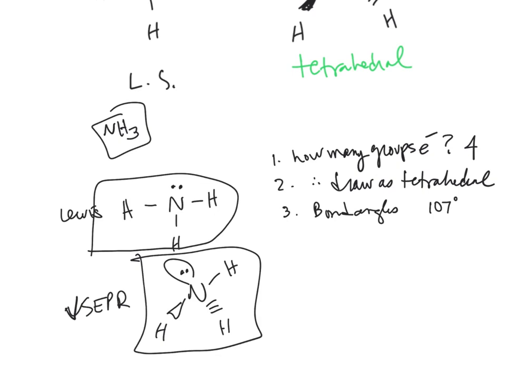So how does that work? You've got this lone pair that's pushing the bonds closer together, closing the angle. It's going from 109.5 in a pure tetrahedron to 107 for this particular one. All right, the name of the shape is not tetrahedral.